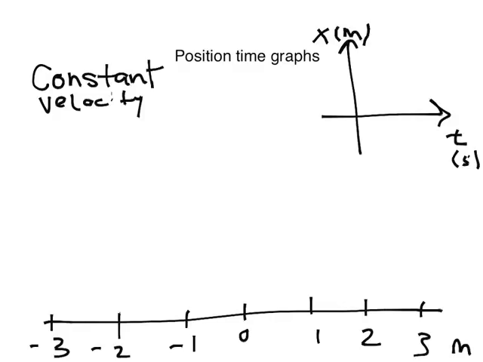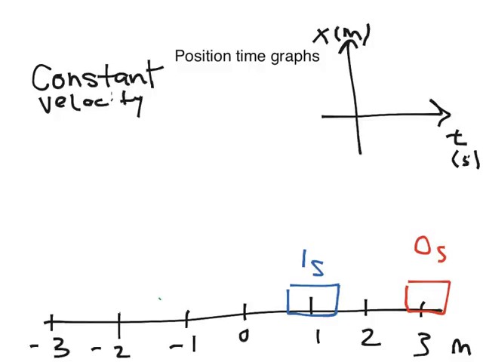We did work on this in class when you were walking the line, but let's start with, let's say we have a car that's here. This is where it's starting, so this is at our 0-second mark. I'm going to change the colors just so it's easier for you to see the difference. Let's say it goes to the left, and at 1 second it's at the 1 meter mark.